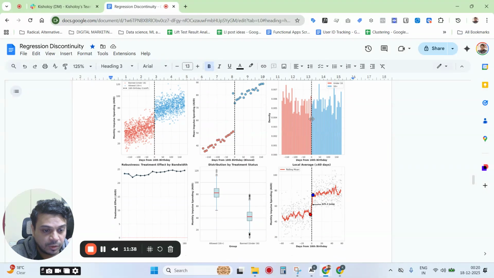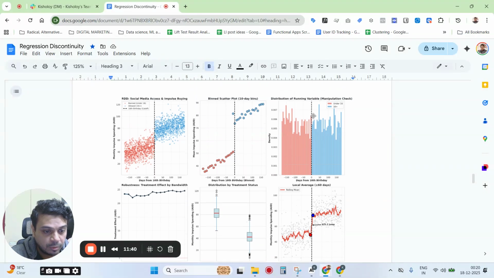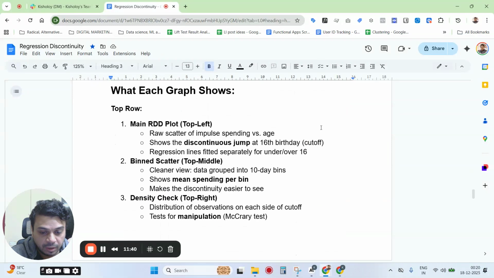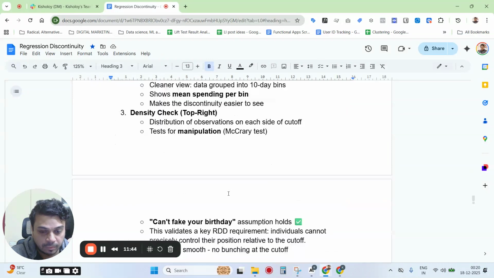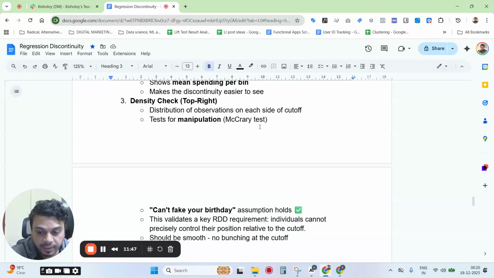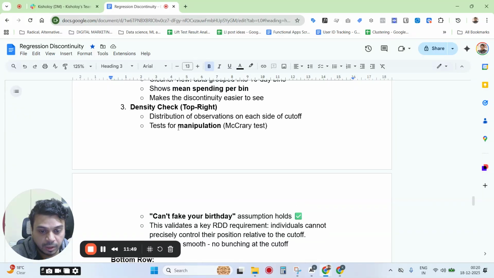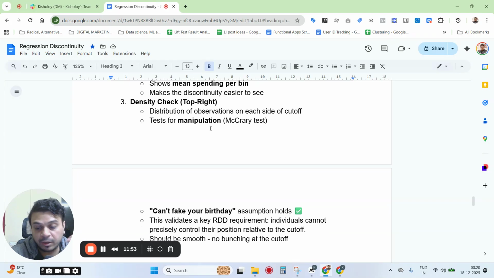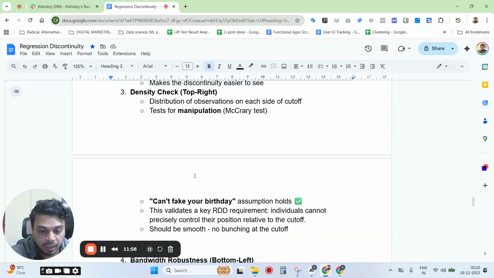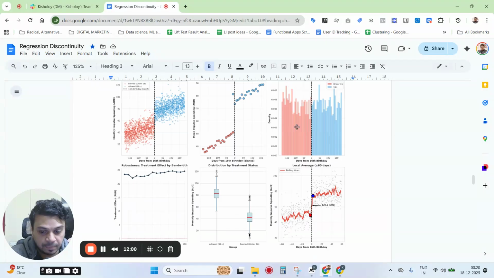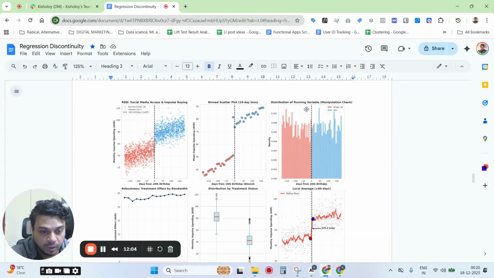Now this is very important. This is basically your manipulation check, and we run what's called the McCrary test. A McCrary test gives you a test for manipulation, whether or not people are just faking their birthday. The idea is that this should be fairly equally distributed, fairly smooth, with no specific bunching near the dotted line.